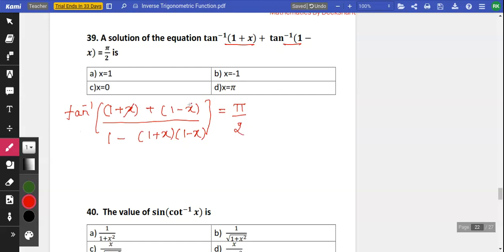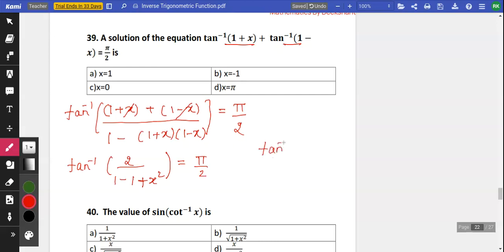This x and this x cancel out. Numerator is 1 plus 1, 2, upon 1 minus, here it is 1 plus x and 1 minus x becomes 1 square minus x square. Because of the negative sign this term becomes positive, is equal to pi by 2.